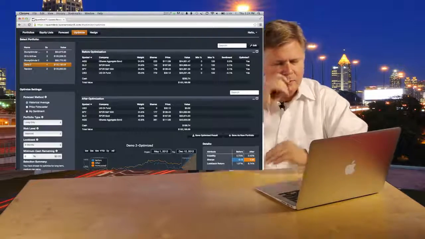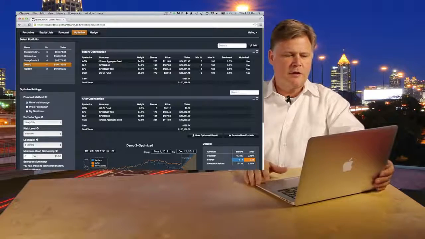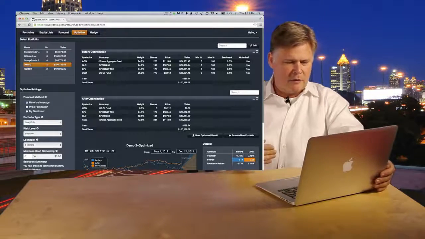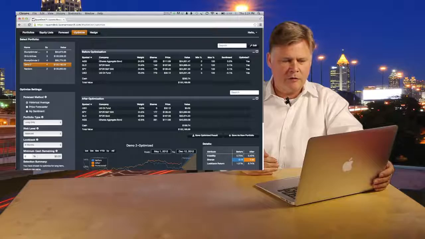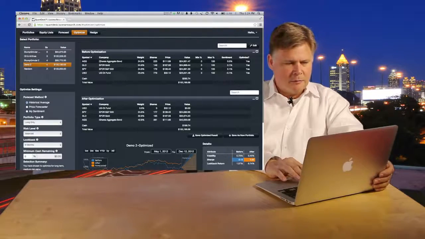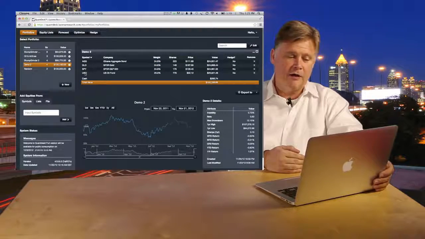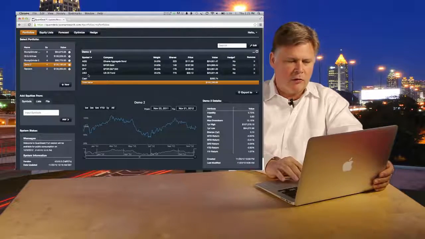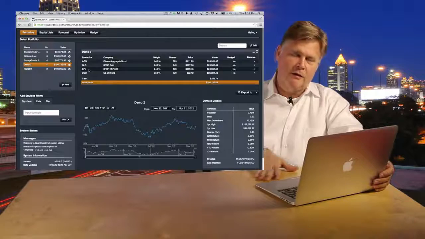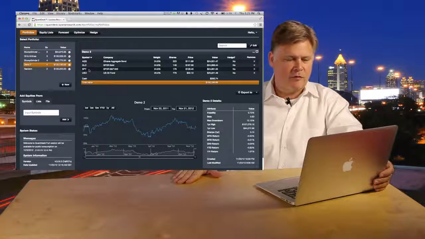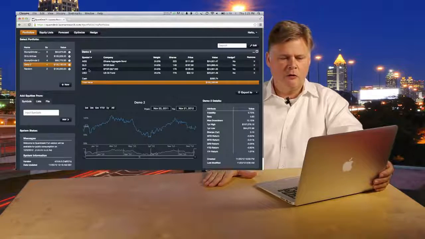Okay, we have this portfolio. It's got four equities. There's AGG, a bond fund, GLD, which is of course an ETF that represents gold. SPY is an ETF that represents the S&P 500, and USO, which is oil.